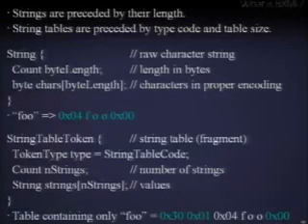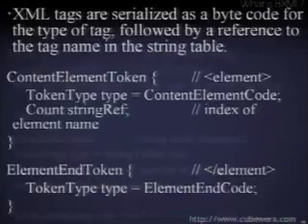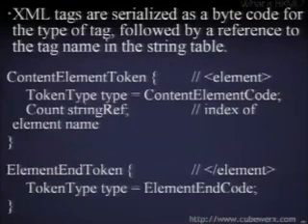Looking at strings, they'll be preceded by a length and a series of characters. If it's a string table, that would be preceded by a type code that indicates that it's a table. So these are the kinds of things that, if you're recovering data from within an event, if you got a fragment, this is the information that you would use to interpret the data.